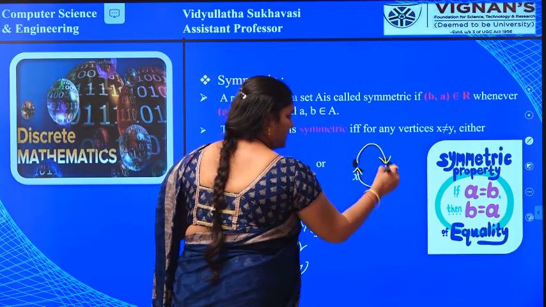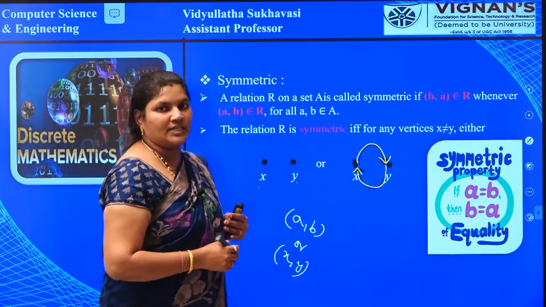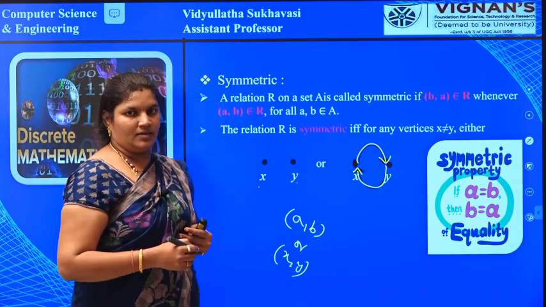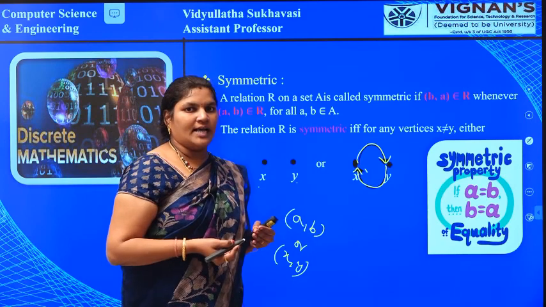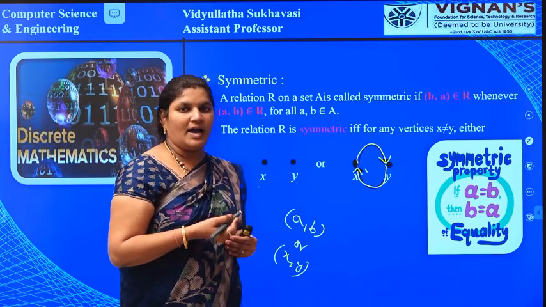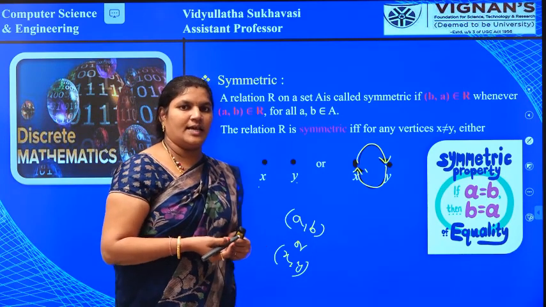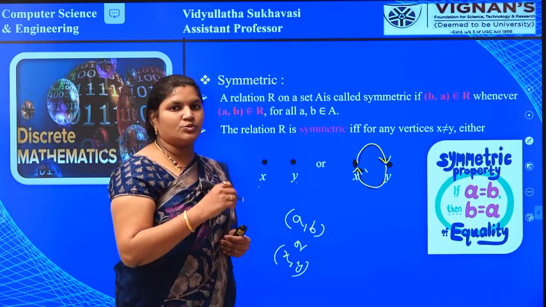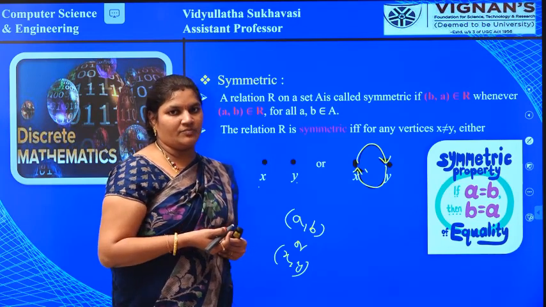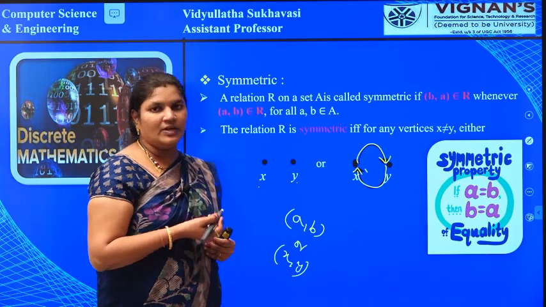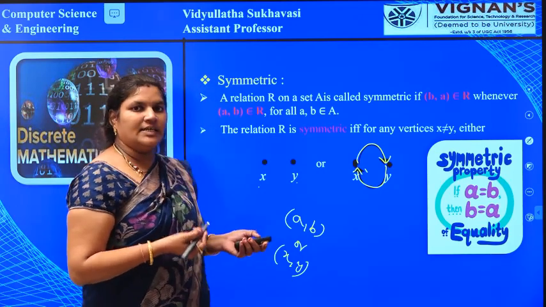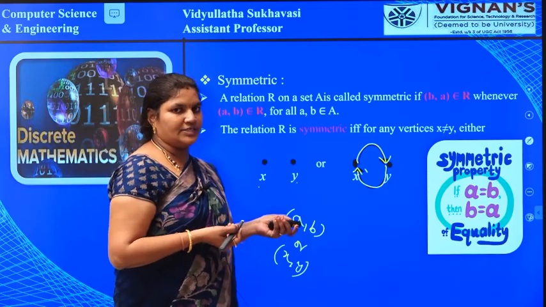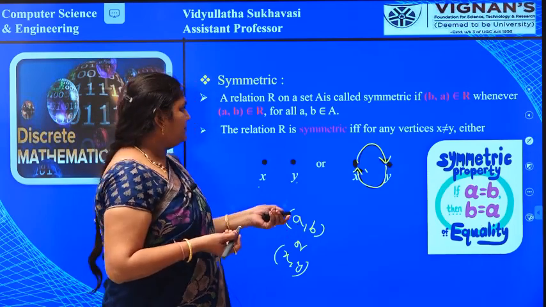If both paths are mentioned, then only we can say that it is symmetric. We can also call it a parallel path representation in graphs. That means two-way direction paths will be mentioned for the symmetric property. We will discuss in detail in the representation of relations.